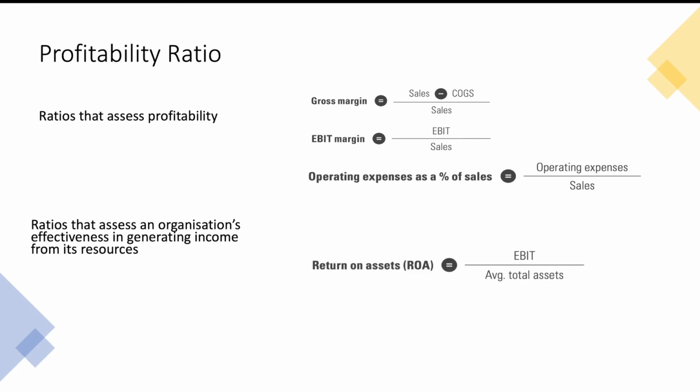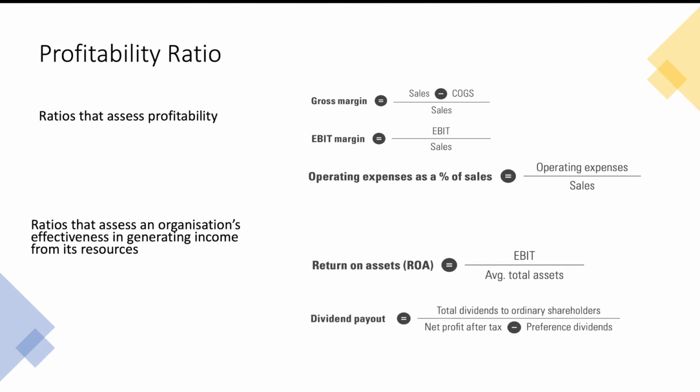This is return on assets. Assets are our resources, so what return are we achieving by utilizing our assets? This is earnings before interest and tax divided by average total assets.